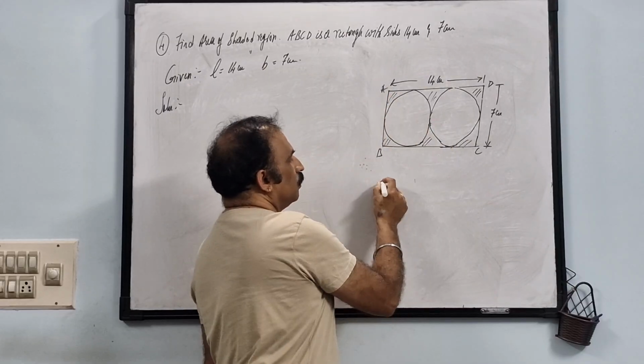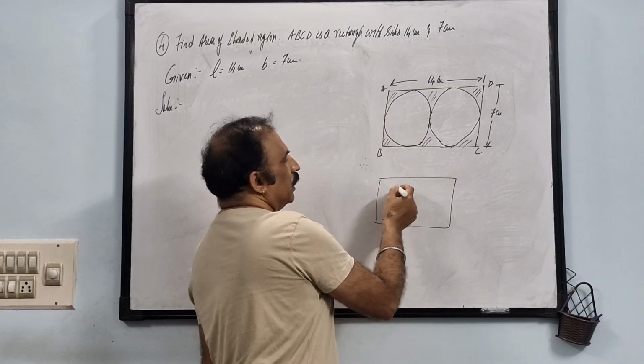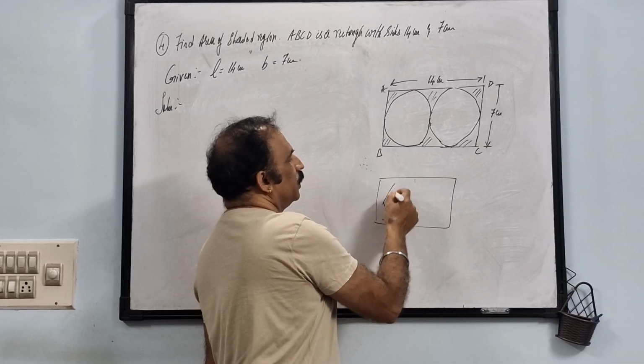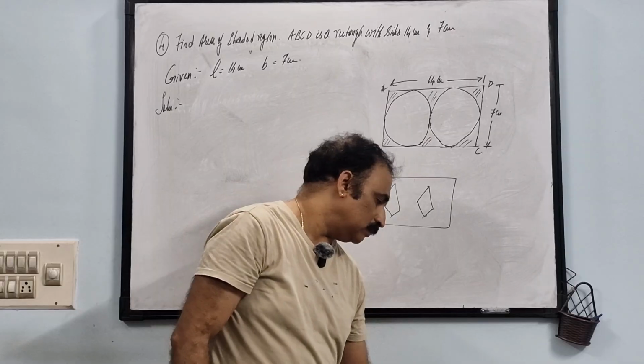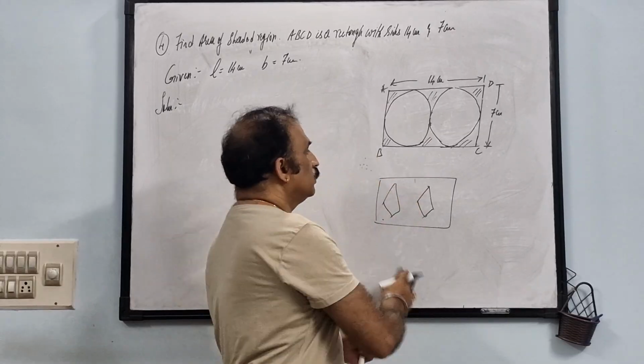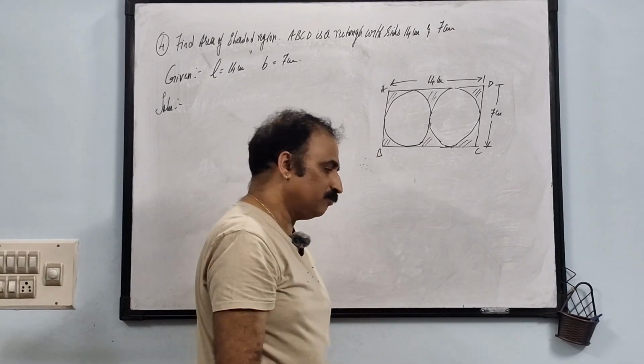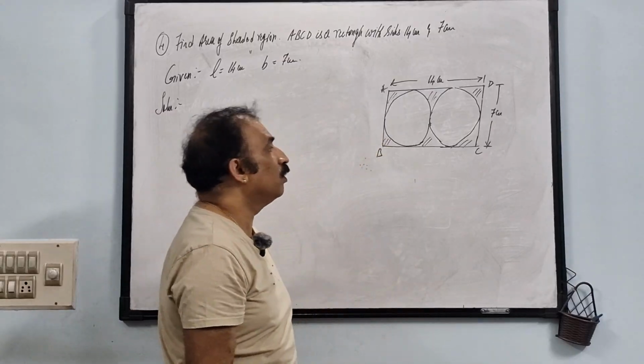When you have a rectangular cardboard, if any particular shape is being removed, whatever is left out is to be found by subtracting. Now for example in this you have got two circles, those two circles are being removed and only the left out part of the rectangle is to be found out.